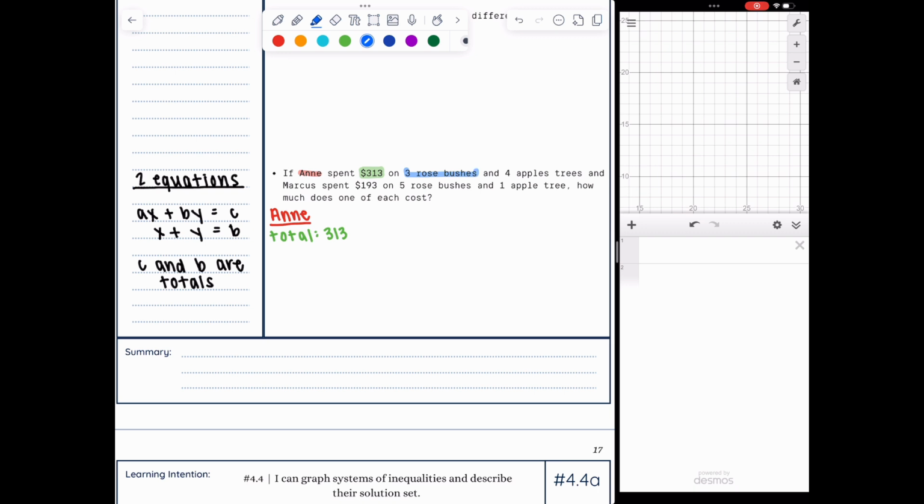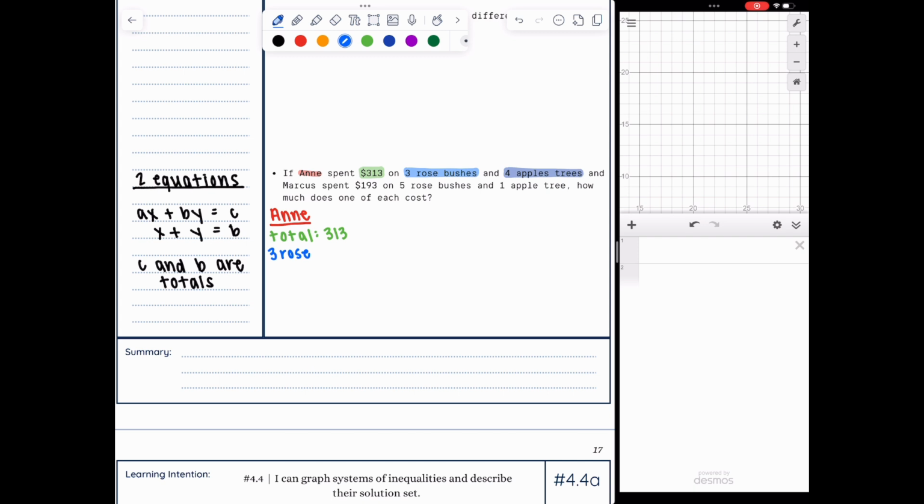Okay? So now I'm asking myself, where did that money come from? The question says that she bought 3 rose bushes and 4 apple trees. So the $313 came from the cost of each of those items multiplied by how many of them she bought. So I'm thinking about how her bill was calculated, how much she paid at the actual checkout.